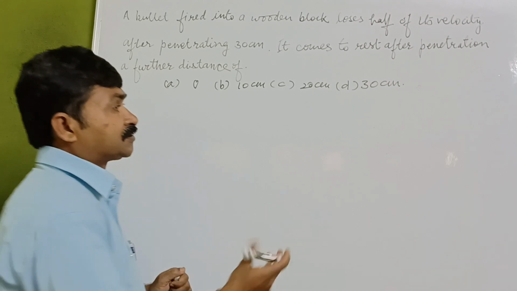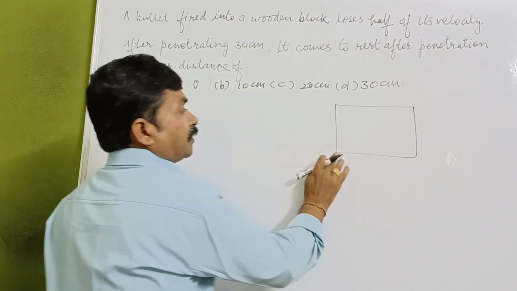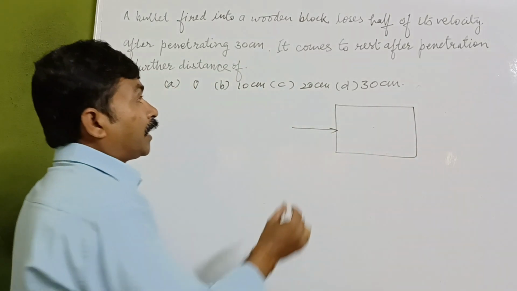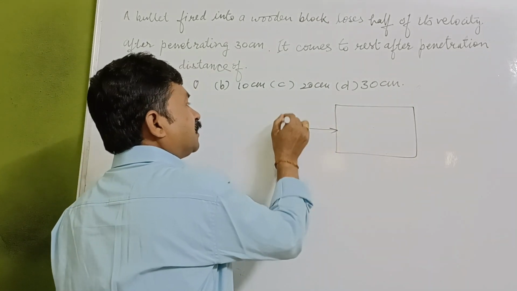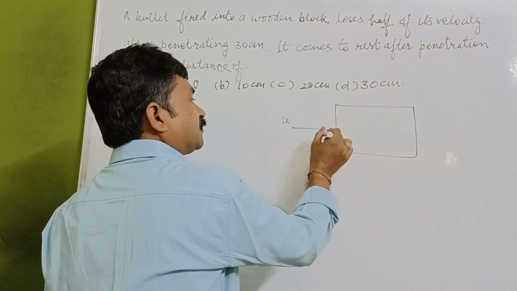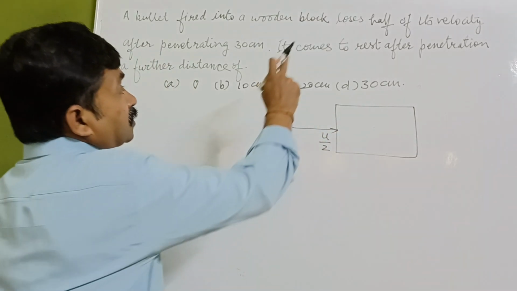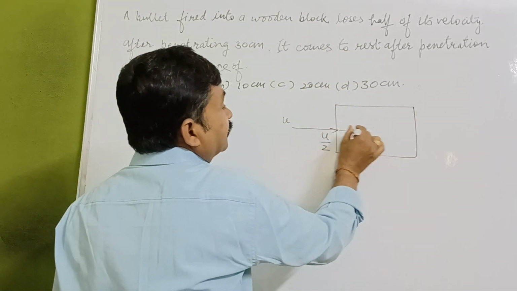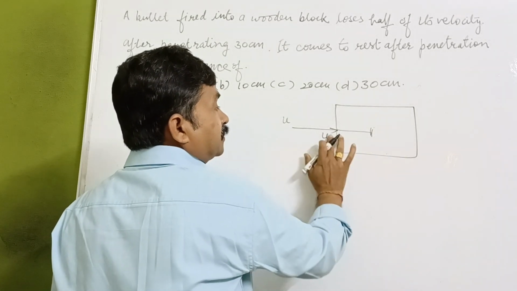If we go through this question, simply see a bullet which is fired here. Suppose its initial velocity is u, here its velocity becomes u by 2. It loses half of its velocity after penetrating 30 centimeter inside this.